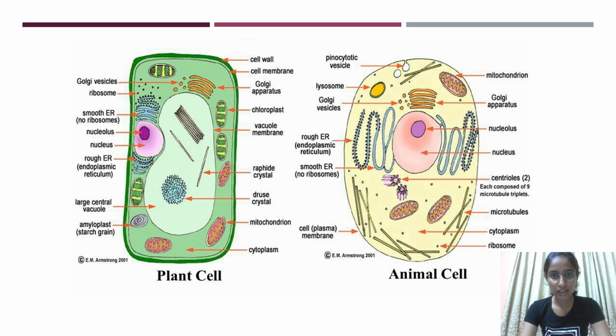And an animal cell consists of pinocytotic vesicle, lysosome, Golgi vesicles, rough endoplasmic reticulum, smooth endoplasmic reticulum, cell membrane, cytoplasm, ribosome, microtubules, centrioles, nucleus, nucleolus, mitochondrion, and Golgi apparatus.